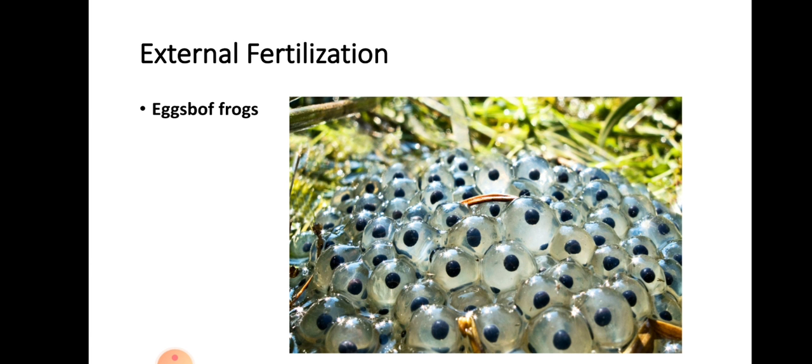The female frog lays hundreds of eggs. Unlike the hen's egg, the frog's egg is not covered by a shell and is comparatively very delicate. It is covered with a layer of jelly. The layer of jelly holds the eggs together and provides protection to the eggs.